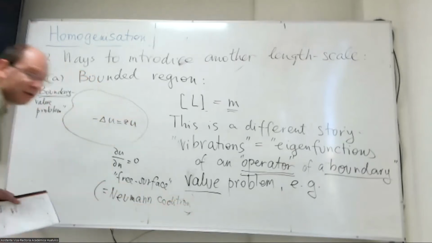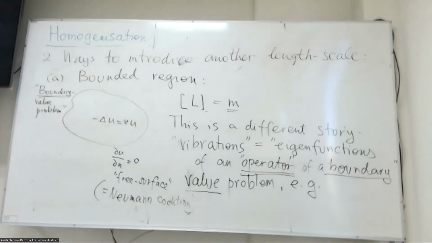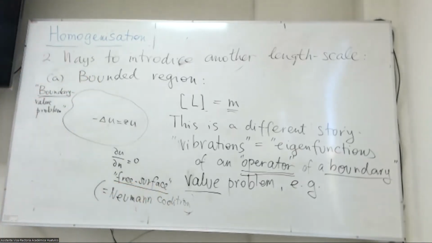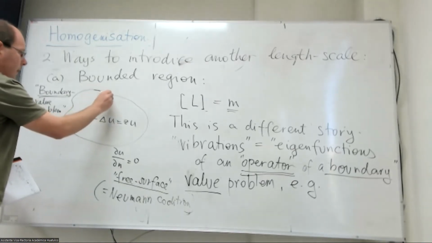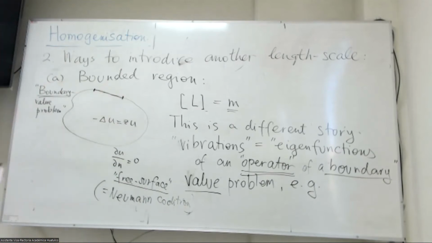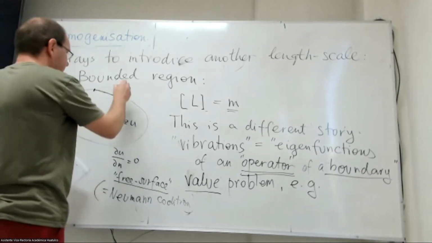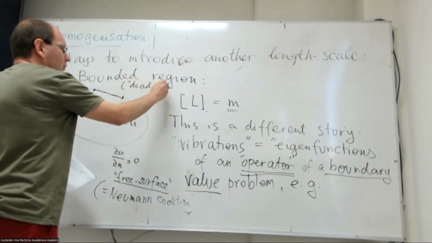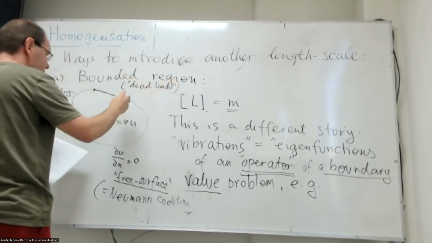So mathematicians like to refer to this as a Neumann condition, but in applications you may hear this free surface or something like that. Then there may be a part of the region which is simply attached to something. So this is often referred to as the deadlock condition or zero displacement.